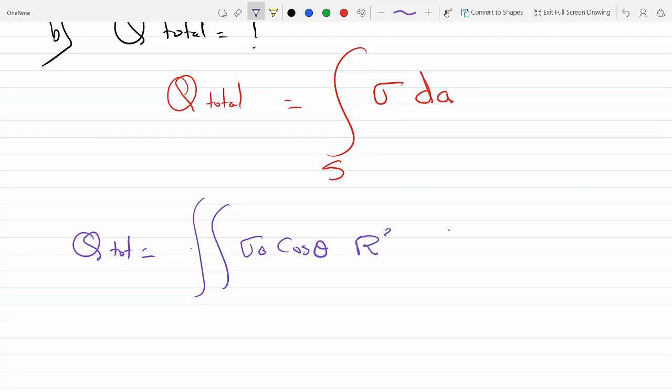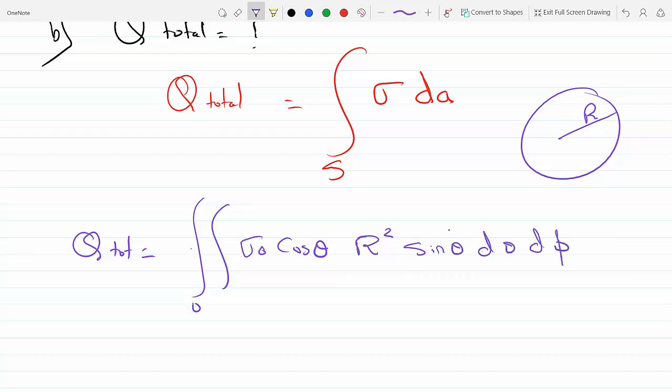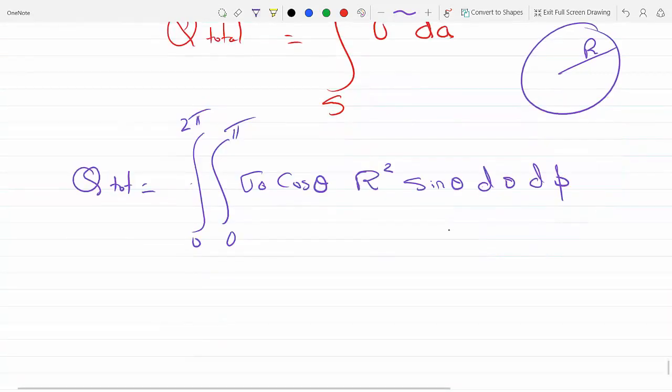We're on the surface of the sphere, so this can just be big R. And then we said it was sine theta d theta d phi. On phi we're going from 0 to 2 pi, and on theta from 0 to pi.